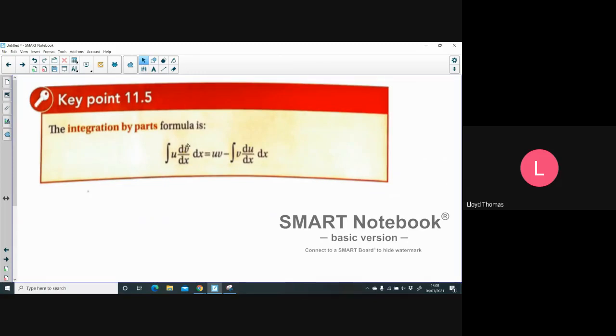That is when you have two terms multiplied by each other, and you can call one of them u, one of them dv by dx, and you create yourself a little box to begin with of u equals and dv by dx equals. You can then differentiate u to give you du by dx, and you can integrate dv by dx to give you v equals.